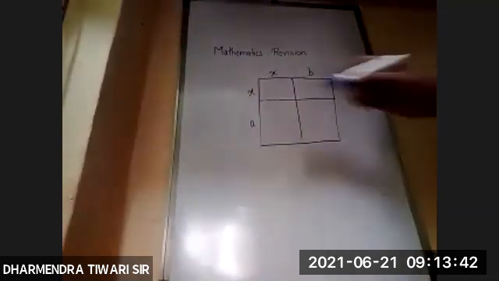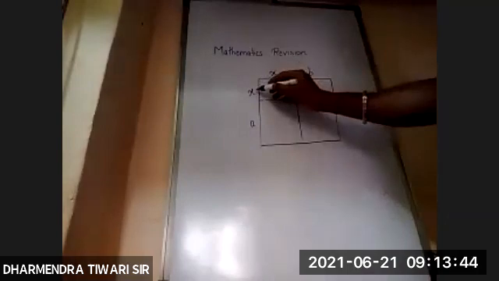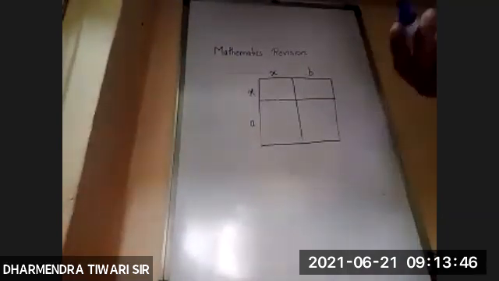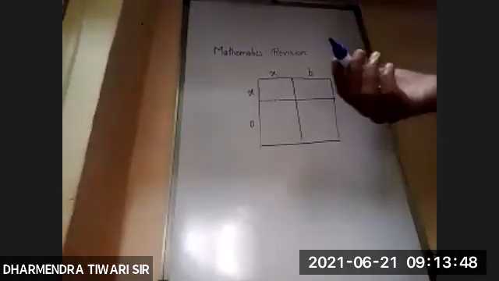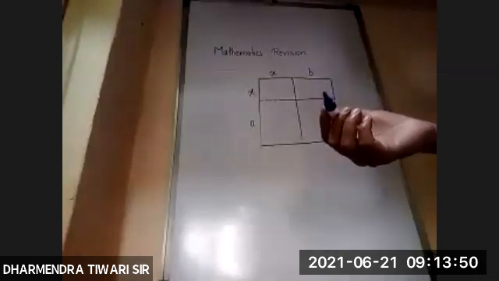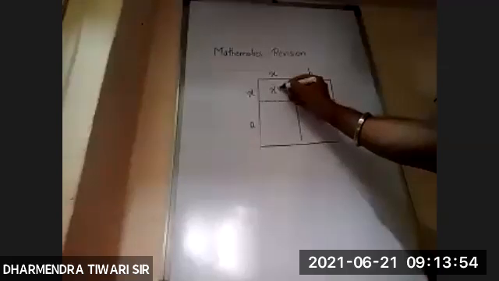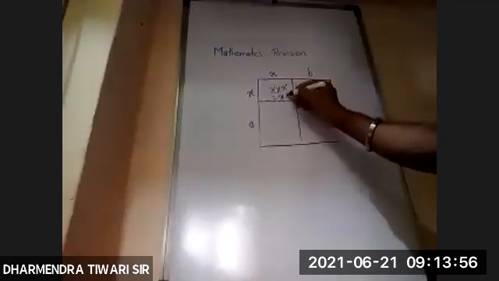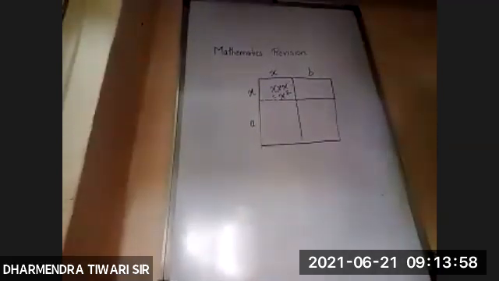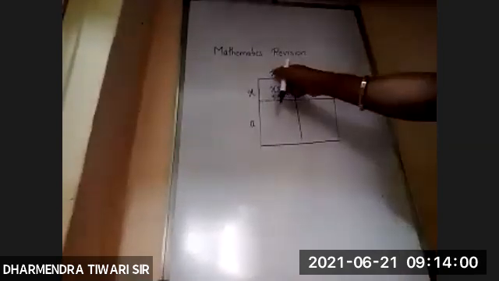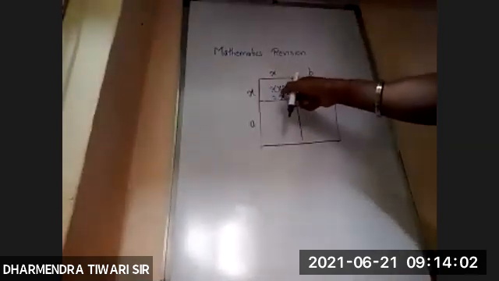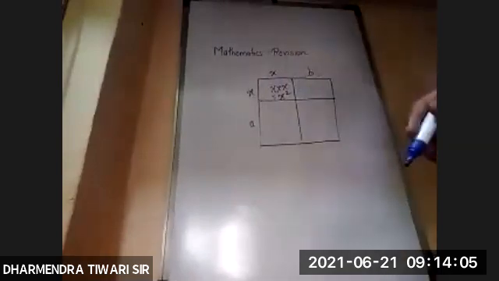Okay. So how do we get the area of a rectangle? Length into breadth. The length and breadth both are same. So area is given by x into x, which is nothing but x square. Hope things are clear. x into x, and we know that x into x is x square.